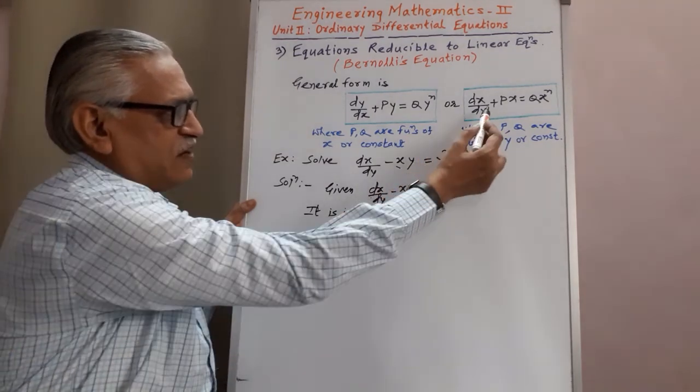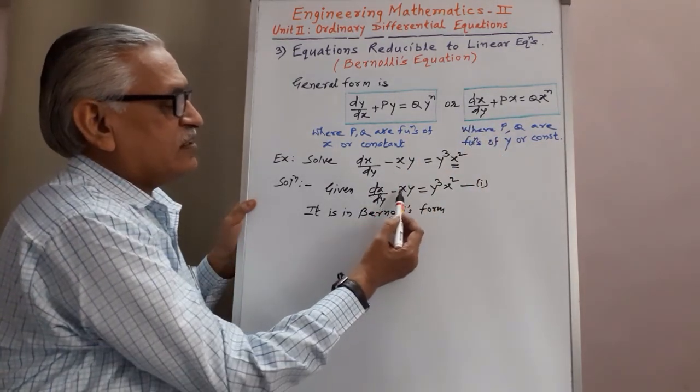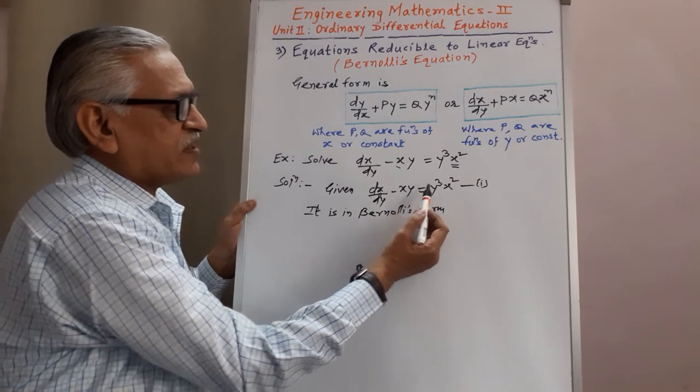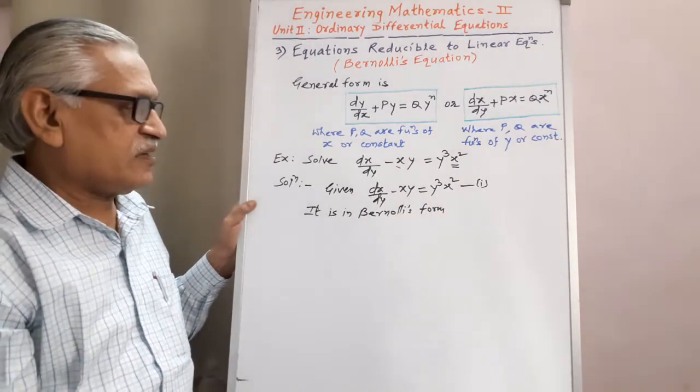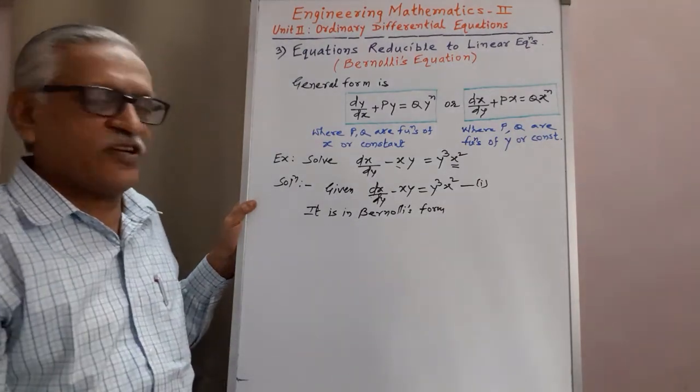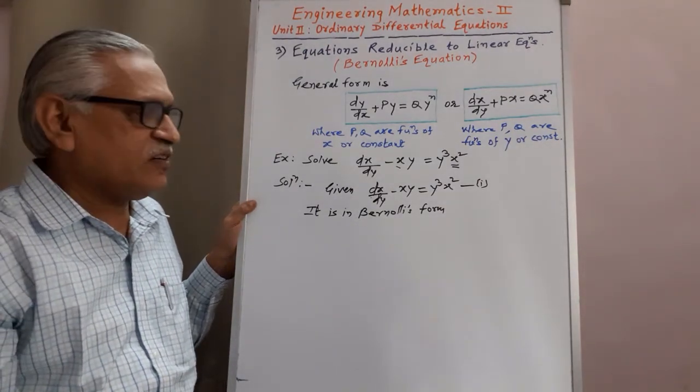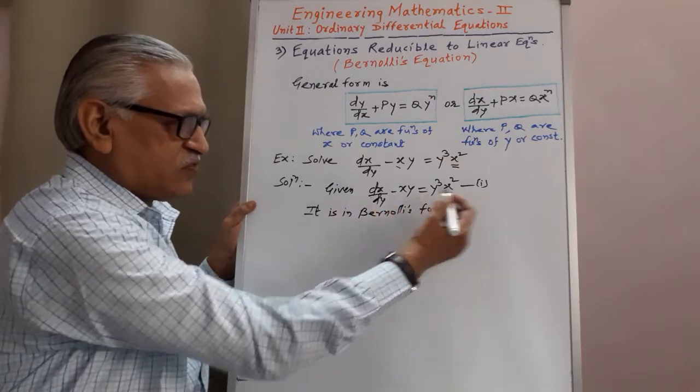Comparing this with that general form, dx by dy plus Px is equal to Q into x raised to n. Then to reduce it into linear, we divide it by x square throughout.